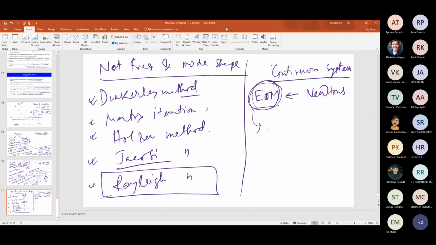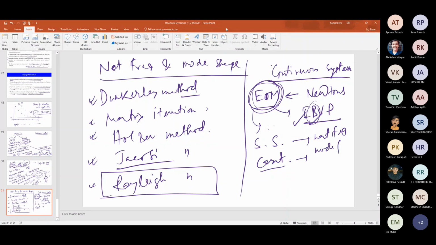Since the equation of motion here is an initial boundary value problem, initial conditions as well as boundary conditions are required. Imposing the boundary conditions for a simply supported beam and for a cantilever beam, we obtained the natural frequencies and mode shapes or eigenfunctions. And then you derived the orthogonality here also.